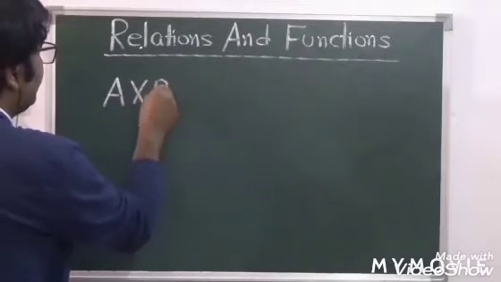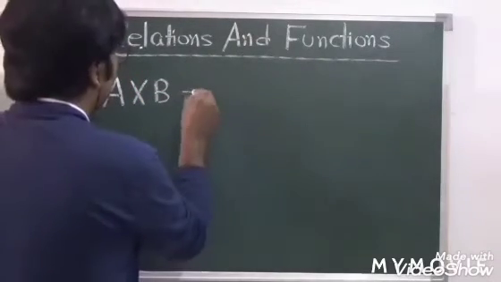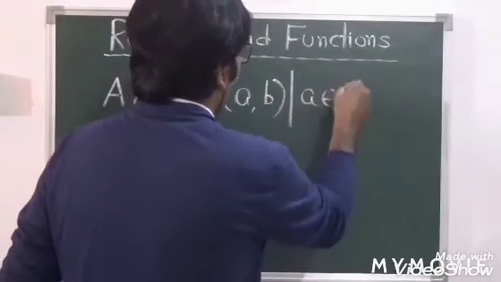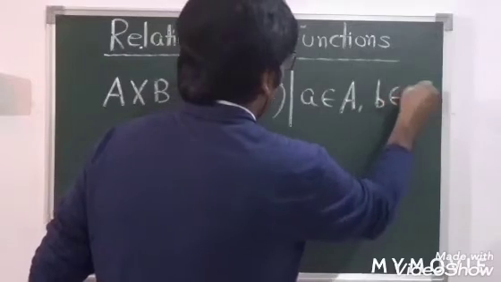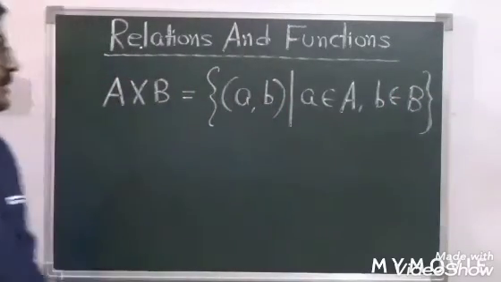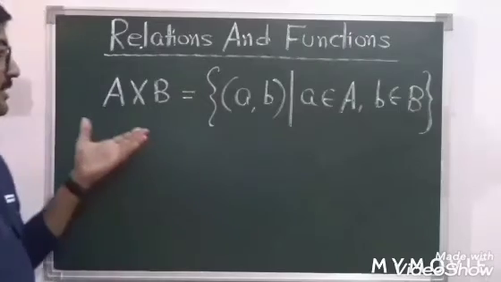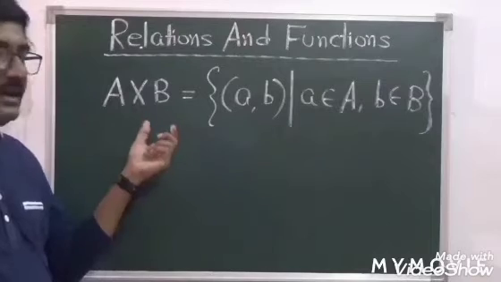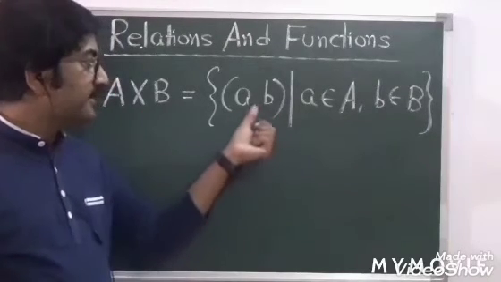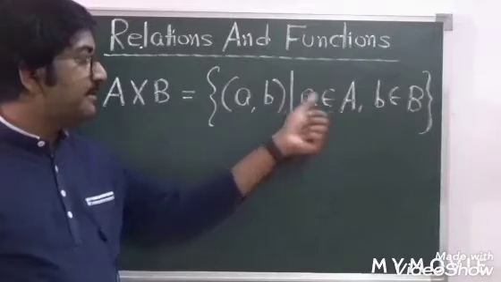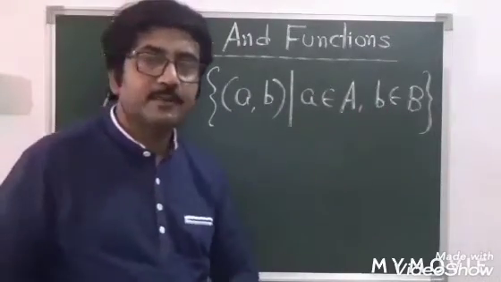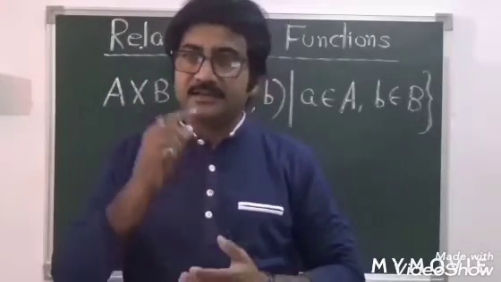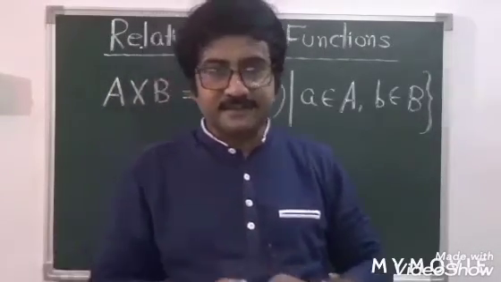Cartesian product is written as A cross B. So this is the set builder representation of the Cartesian product A cross B. You can see the elements of A cross B are in the form of ordered pairs, where the first element is from set A and the second element is from set B. So Cartesian product is defined to be all those ordered pairs where the first element comes from the first set and the second element comes from the second set.